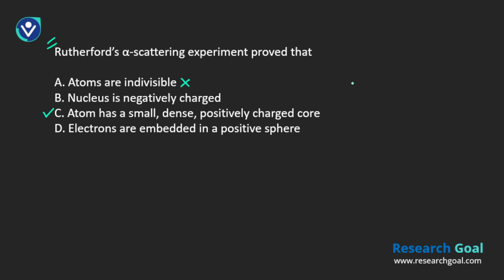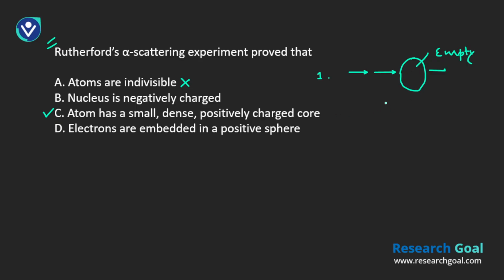One of the points in the Rutherford experiment was that most of the alpha particles, because he was experimenting with alpha particles, passed straight through the atom. That means most of the atom is basically empty space, which means there are other particles present.